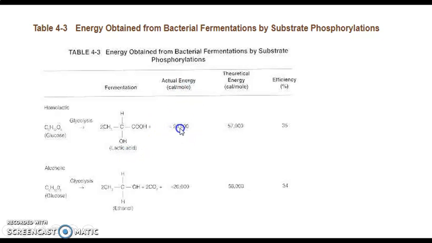Actual energy is 20,000 calories per mole and the efficiency is 35. In the case of alcoholic fermentation, that is coming under heterolactic, ethanol is produced and here also the actual energy is 20,000 but the efficiency is 34.